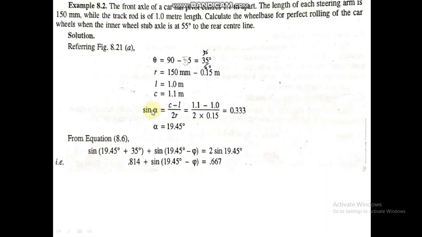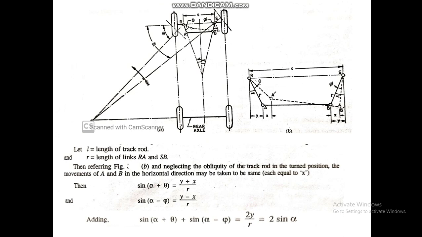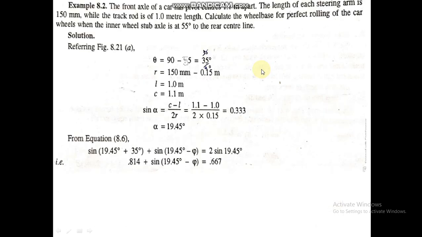So let's start the question. The front axle of the car has pivot centers 1.1 meter apart. It means that your C, that is pivot center, is 1.1 meter. In this diagram you can see this C length pivot center is 1.1 meter. Length of each steering arm is 150 mm.